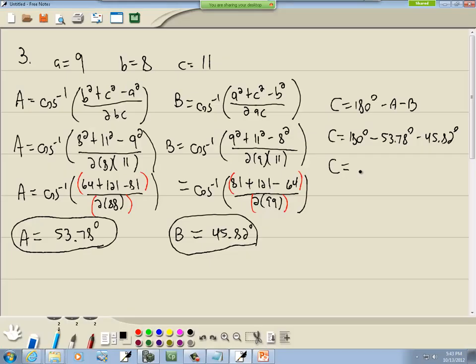And we get 80.4 degrees. Okay, that's our largest angle, and side C is our largest side. Our smallest angle is B, and that's also our smallest side. So that kind of checks there.